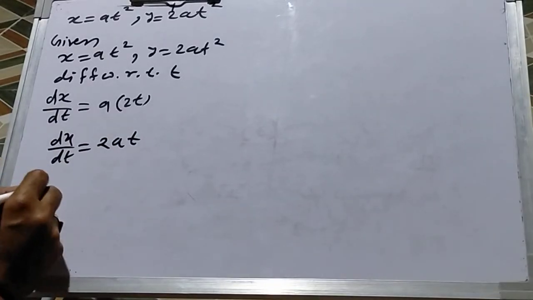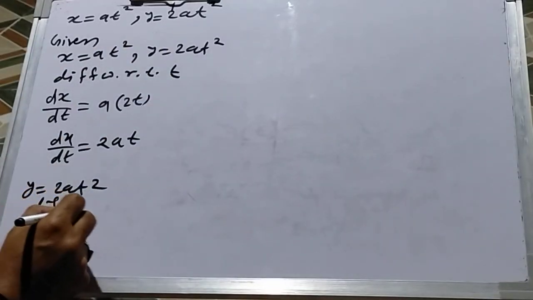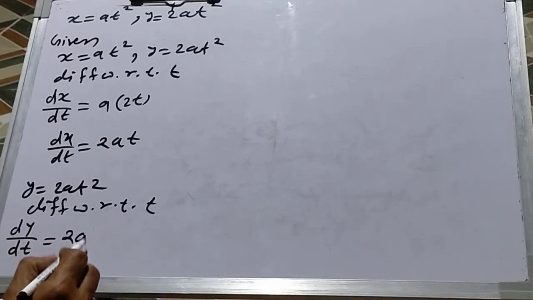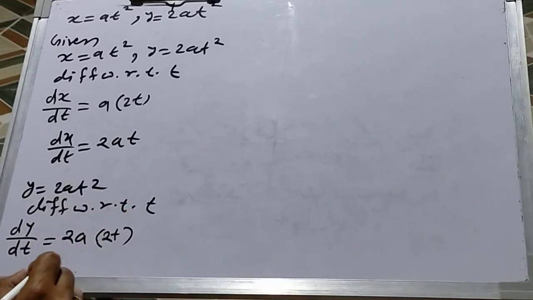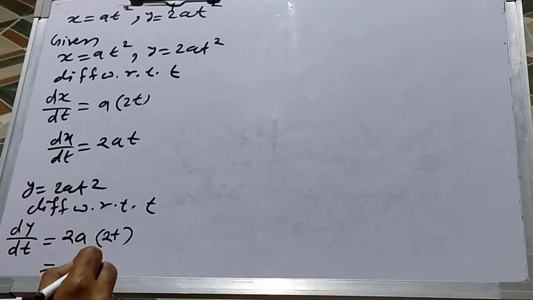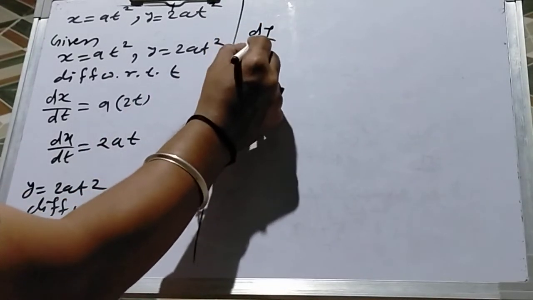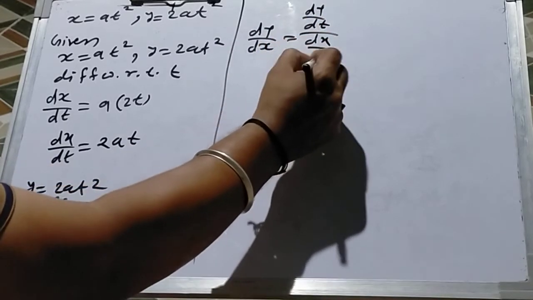y equals twice of a t square. Differentiate with respect to t. So the derivative of y with respect to t is dy by dt equals twice of a, and the derivative of t square is twice of t. So dy by dt equals 4 a t. Now by the theorem of derivative of parametric function, dy by dx equals dy by dt divided by dx by dt.